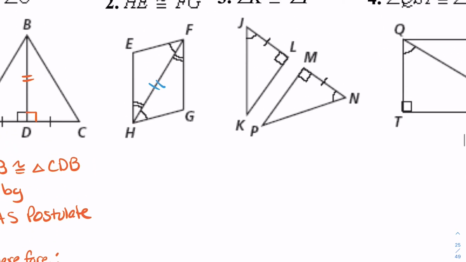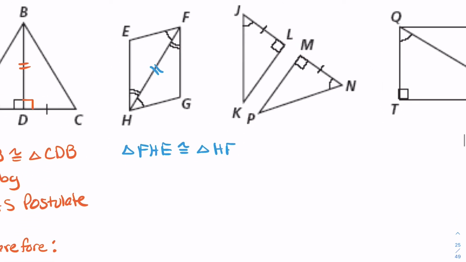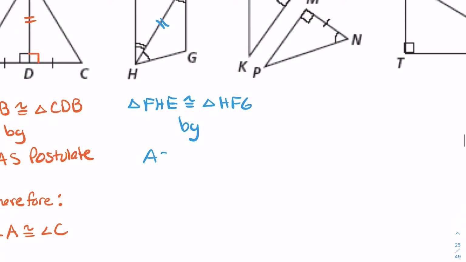We have FH is the same thing. So we're going to say triangle FHE, that's the top one, is congruent to triangle HFG by angle side angle.